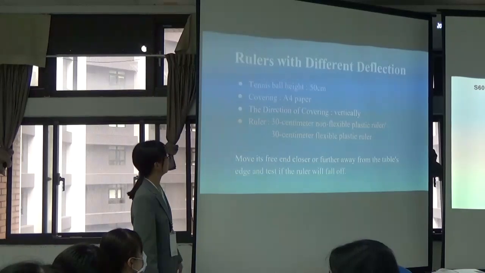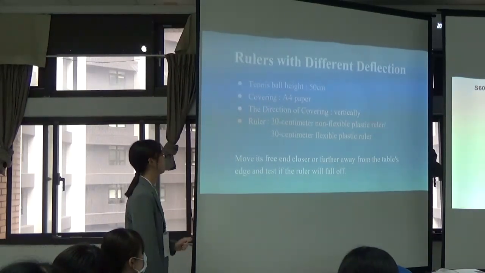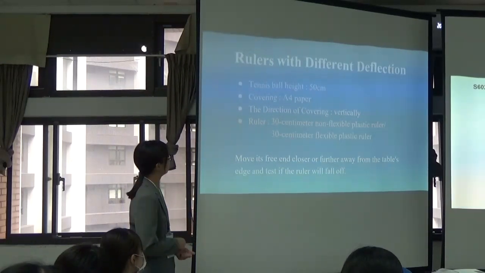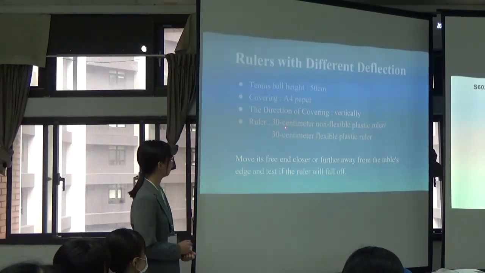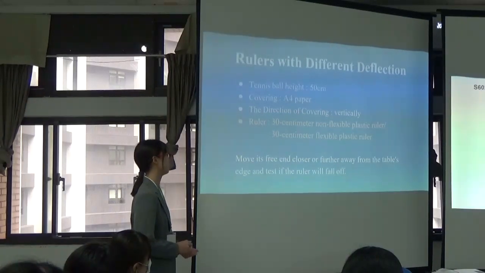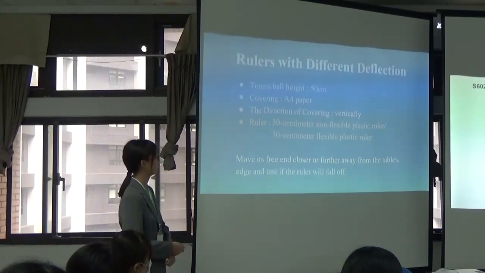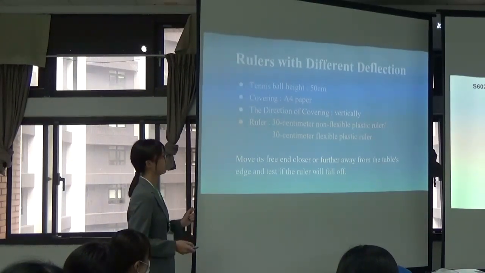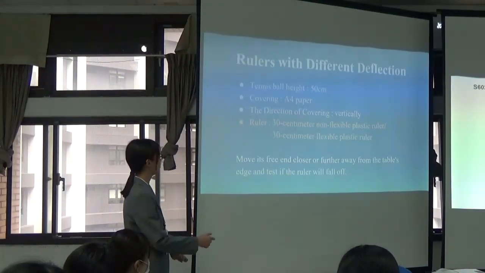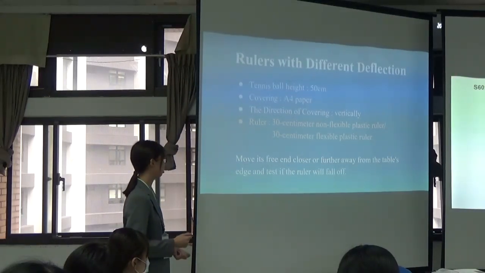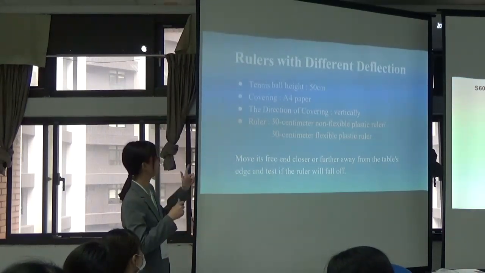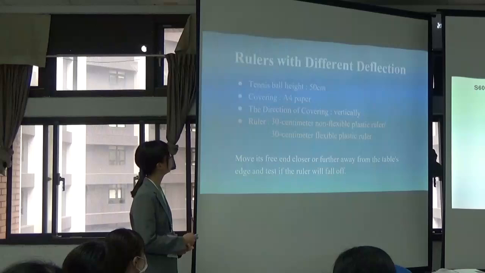We change the rulers with different deflection, which also means we change the types of rulers. We do this experiment with a 30 centimeter non-flexible plastic ruler and also a flexible one. We move the ruler's free end further away from or closer to the table's edge and test whether, if we drop the ball from 50 centimeters, it will fall off or not.